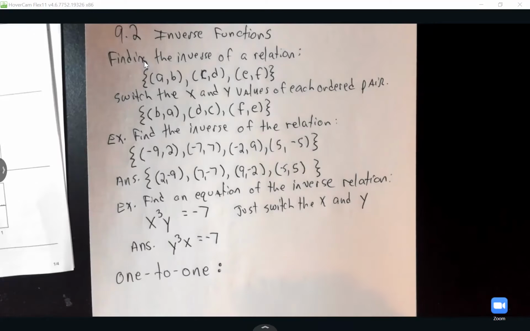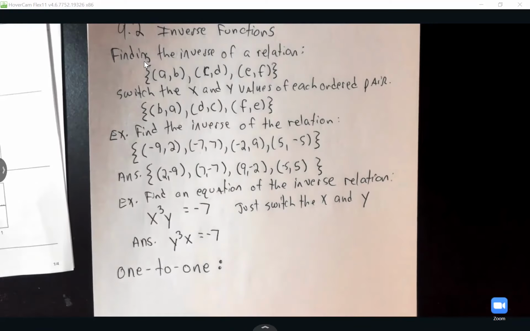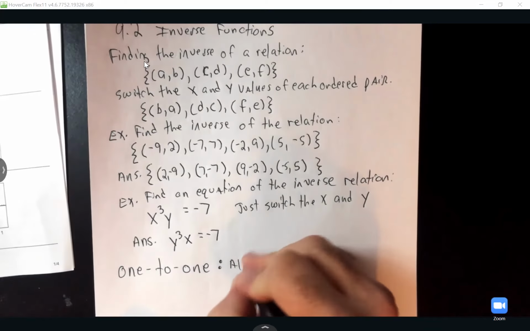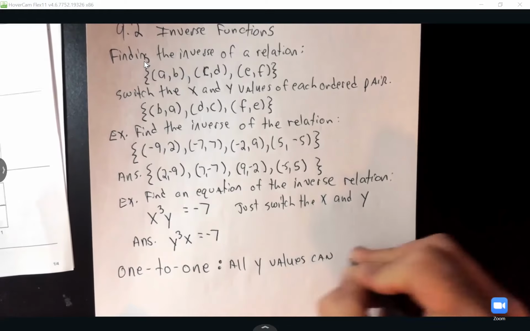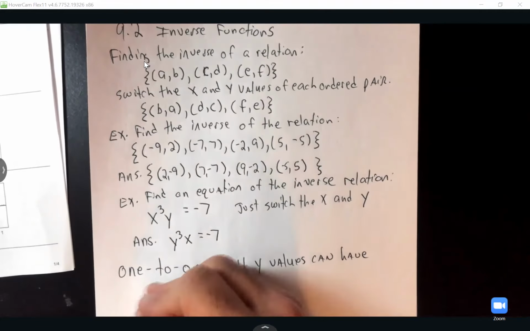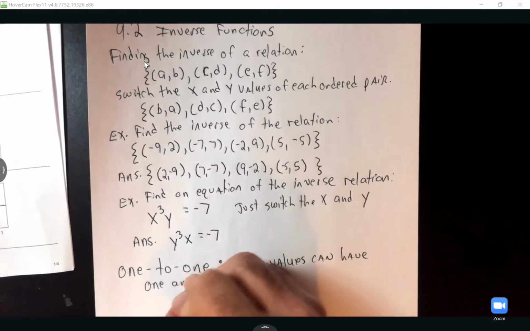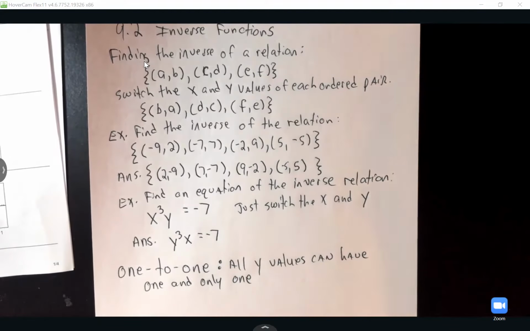Well, for a function to be one-to-one, that means also that every y value can only have one x value. So all y values can have one and only one x value.